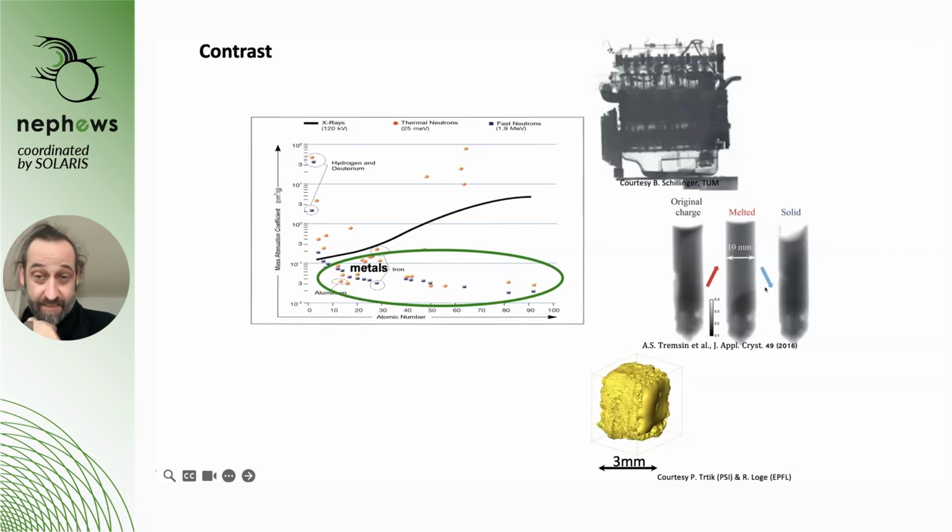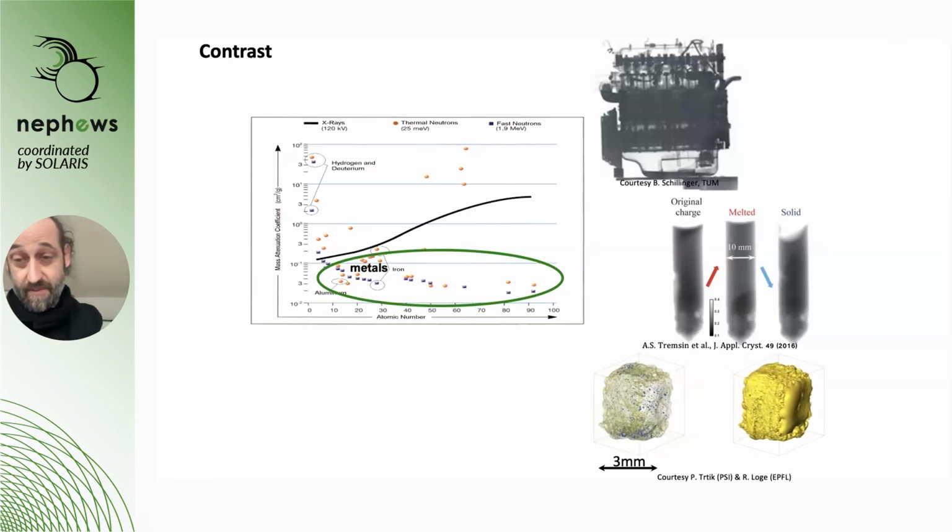You can also look through materials that are used as scintillators, or even as shielding material for X-rays. Lead, for example, is like a window material for neutrons, and other heavy elements like gold, which stop X-rays very quickly, we can investigate with neutrons, and that's a typical Swiss example.